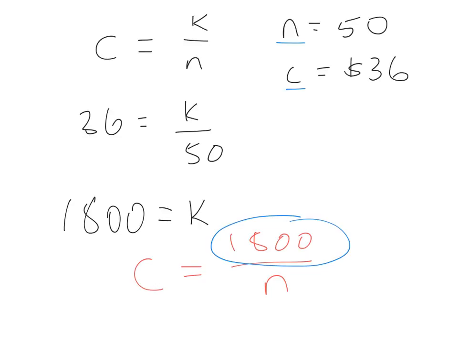This is actually how much the whole room costs. If they want to hire a hall to have a function, it's going to cost them $1,800. If we had 100 people, each person's going to pay their own way in, and it's going to cost them $18 each to make up that full amount. That's just what's happening in this question. It might not always be a cost thing, and different things.